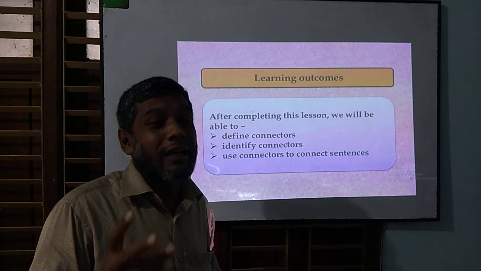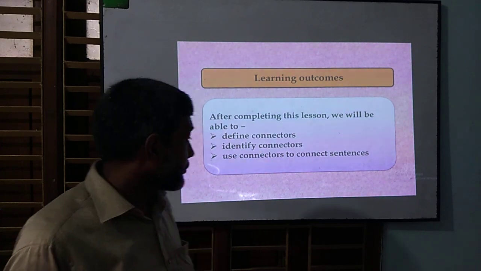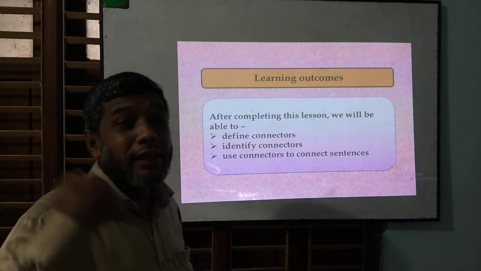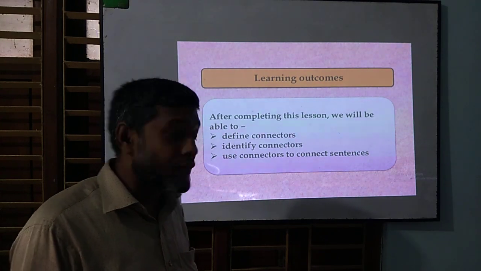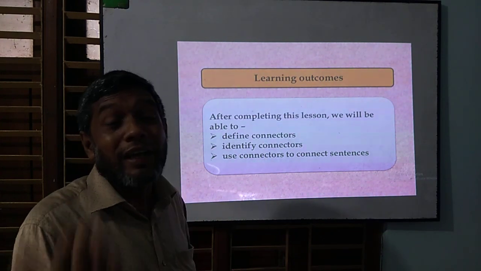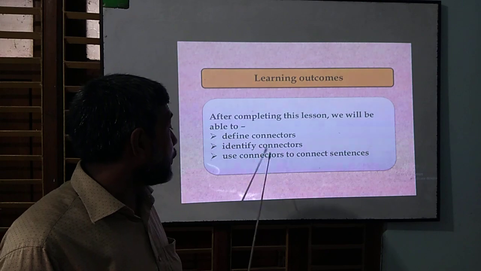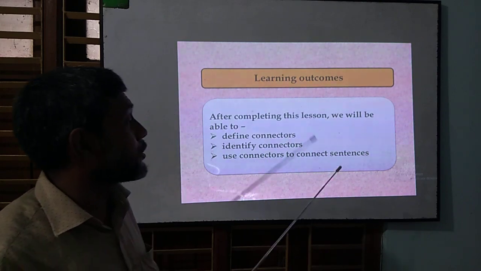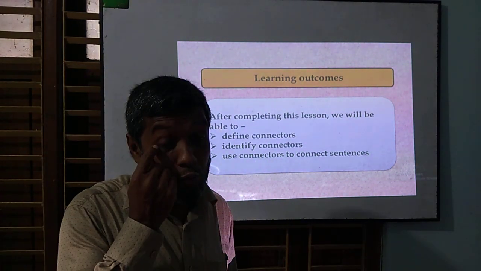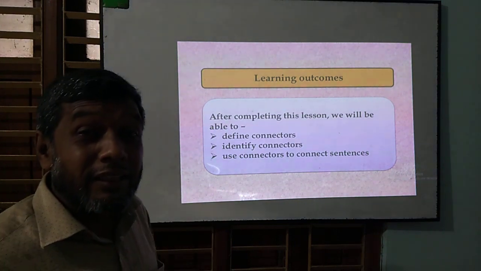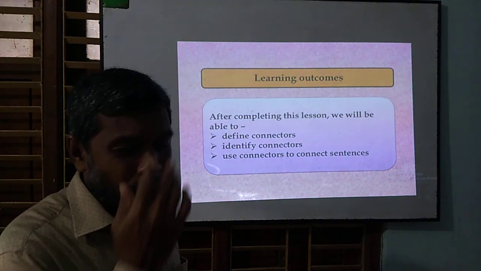So our today's targets are only 3: we can define connectors, we can identify connectors, and we will be able to use connectors to connect sentences together. Taking these 3 learning outcomes, we will go ahead.